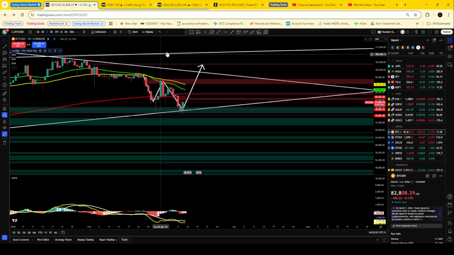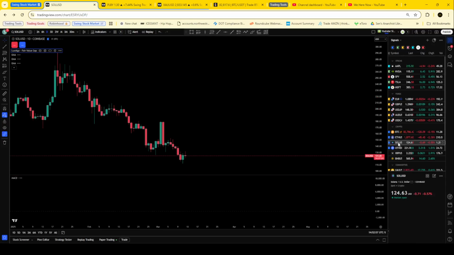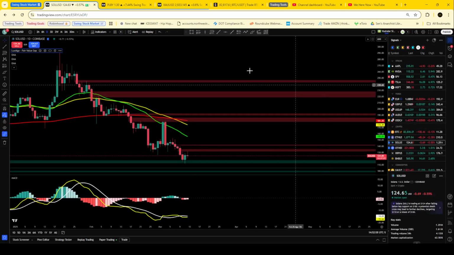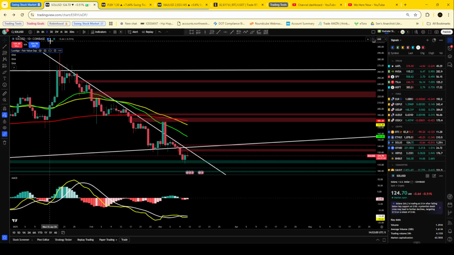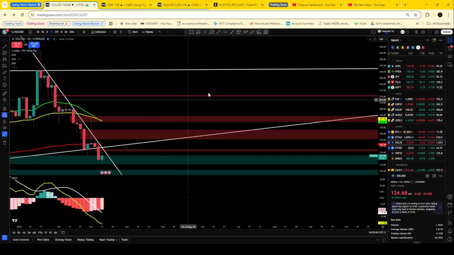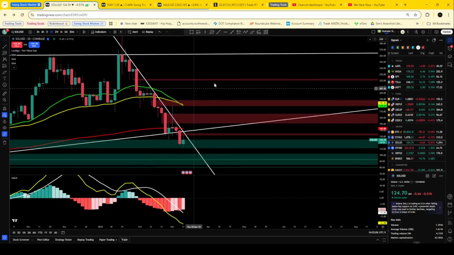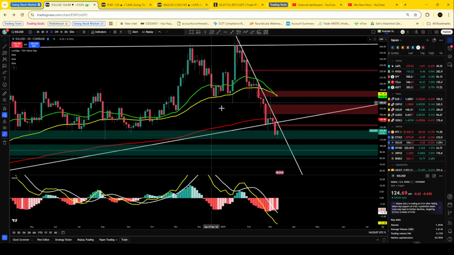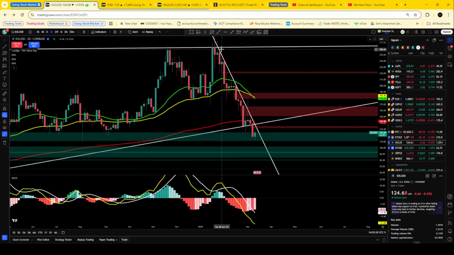So let's look at Solana. Now I did not see a trade in Ethereum. Here's a better look at a trade. As you can see, this is the 3 day, and this is a 3 day trend line right here.